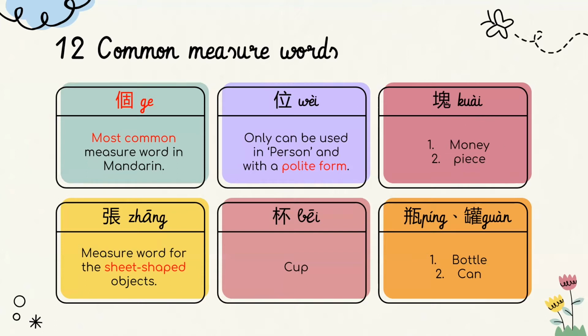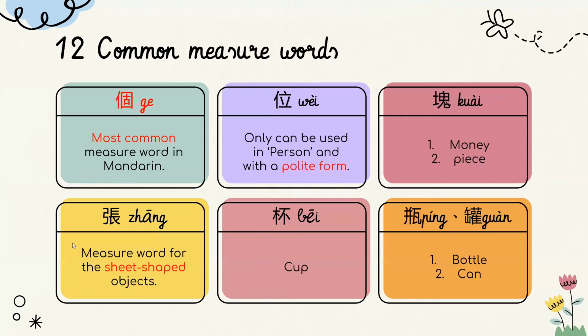So if you want to say $1, $2, 一块钱, 钱 is money. 一块钱, 两块钱, then $10, $100, 一百块钱, 一百块, for the money. And also if you want to say I want a piece of cake, 一块 cake. So it's a piece, anything like a piece of cake, a piece of pizza.